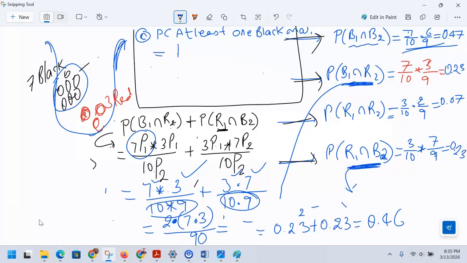We can use the complement rule. It means one minus, because at least one basically means you could just add this one, this one, and this piece. All this we could add.